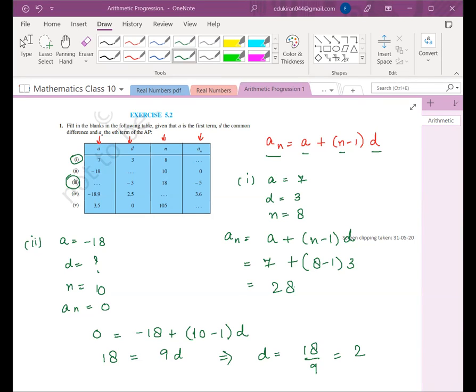Ma'am, I got the answer. How much? A equal to 46. A equal to 46, right? So I think you will be able to complete this one. Yes, ma'am. Fourth part and fifth part also: simply put everything in the formula. The one thing will be unknown, you have to find that. Let's move to the second question then.